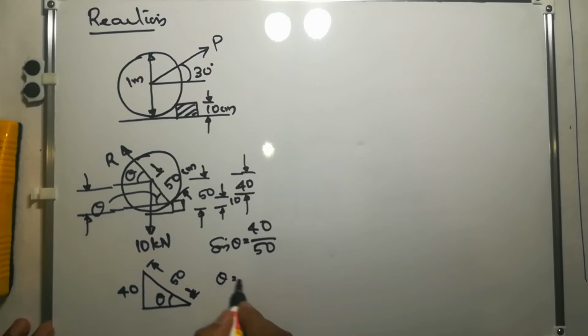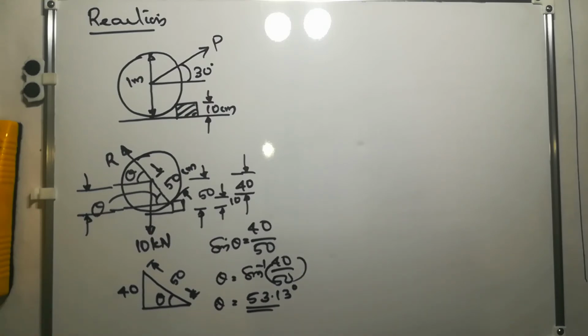So theta equal to sine inverse 40 by 50. When you calculate this, you will get theta as 53.13 degrees.